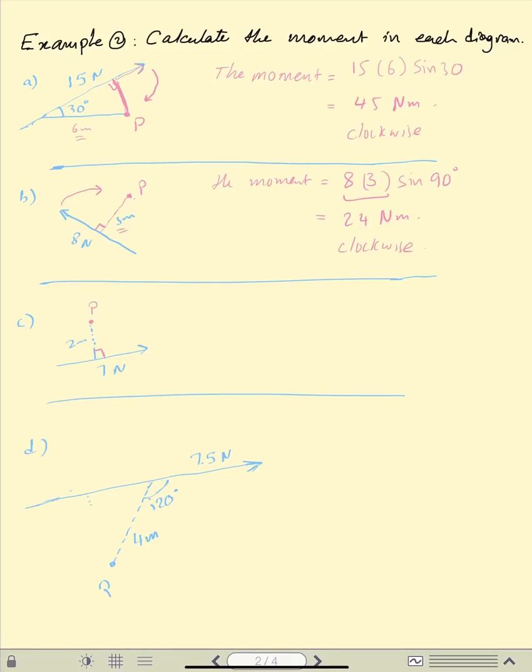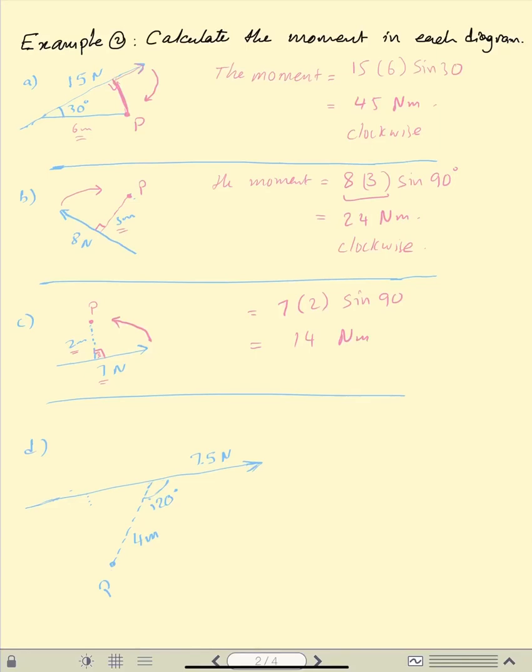But look, part C, angle is 90 in both, but this is the turning effect. This is the way that the 7 newtons act about the point P. So the moment in this part is equal to 7, which is the force, times 2 meters, which is the perpendicular distance, times sine 90, which is 14 Newton meters.